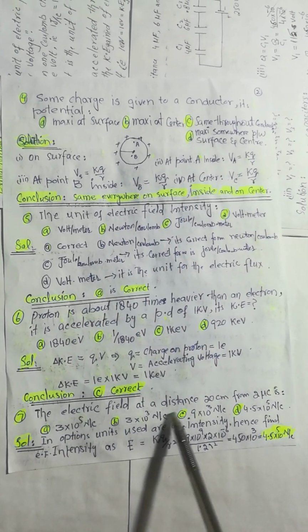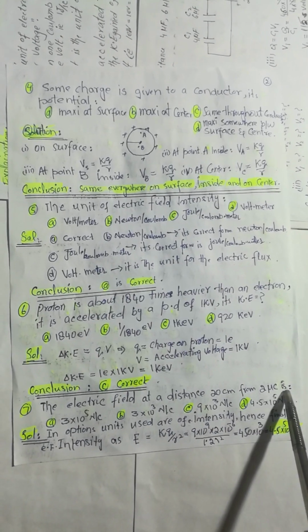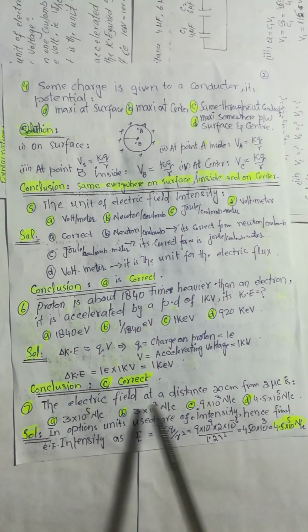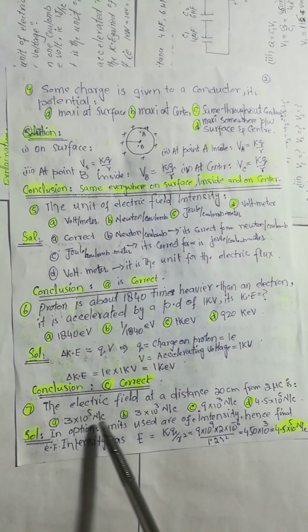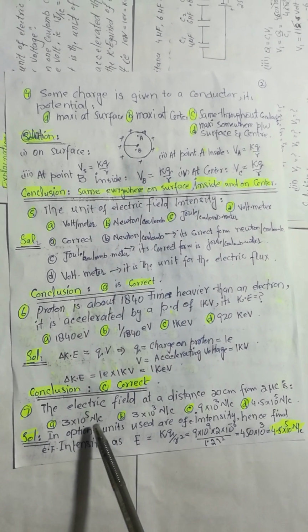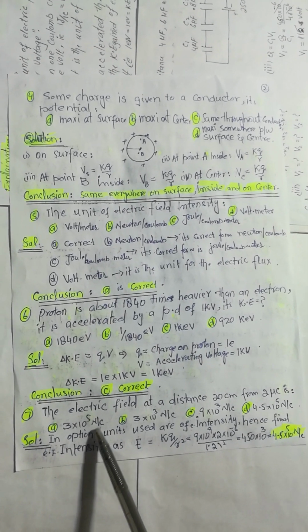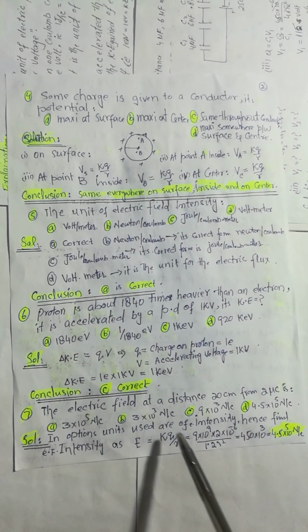Question number 7. The electric field at a distance 20 cm from a 2 microcoulomb charge. Here the electric field is required to be found. Four options are given, and the units given are the units of electric field intensity.